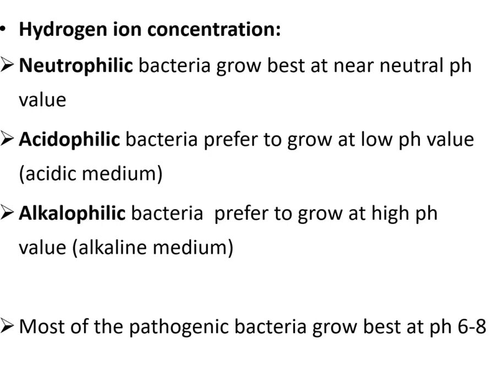Those which prefer to grow at low pH, that is acidic pH, we call acidophiles, and alkalophiles grow on alkaline medium. These are the 3 different types classified based on hydrogen ion concentration, and most of the pathogenic bacteria grow best at a pH of 6 to 8. So most of them are neutrophiles.